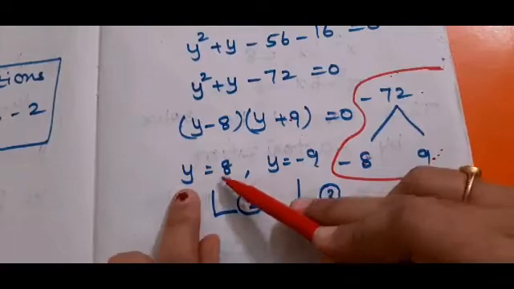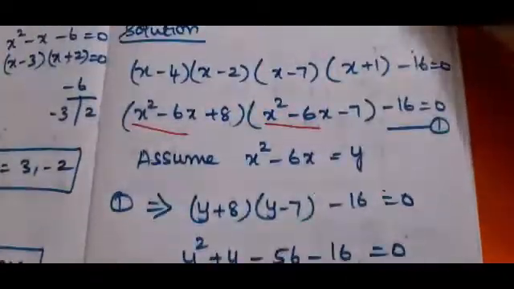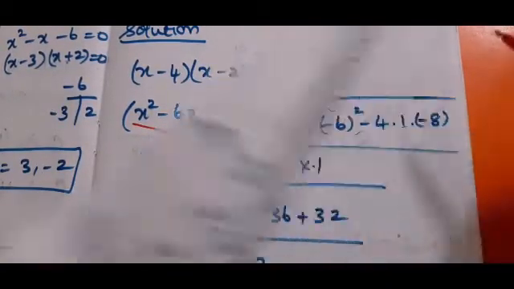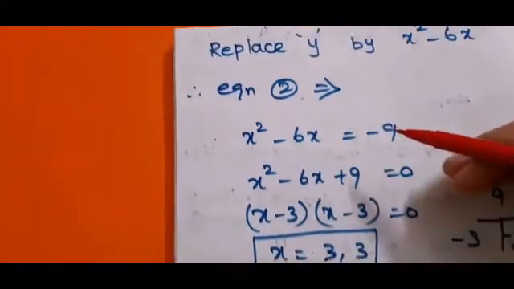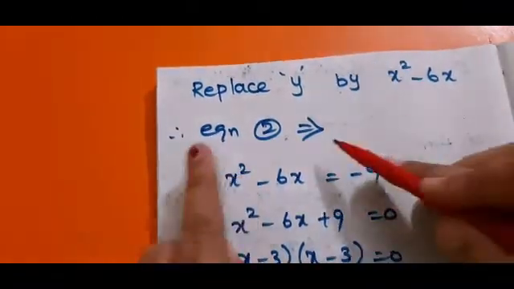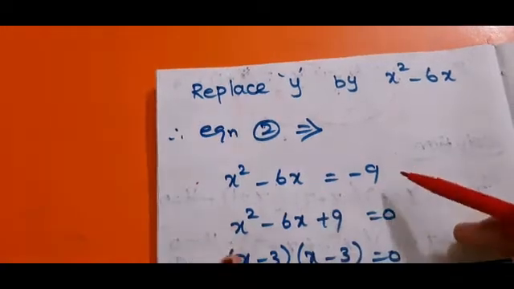So once you get the y value, y should be replaced again by x square minus 6x. Now I am going to replace y by x square minus 6x in the second equation. So x square minus 6x is equal to minus 9.